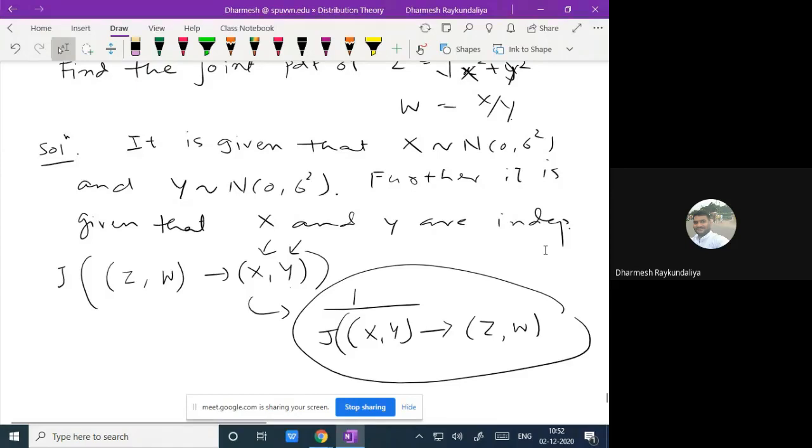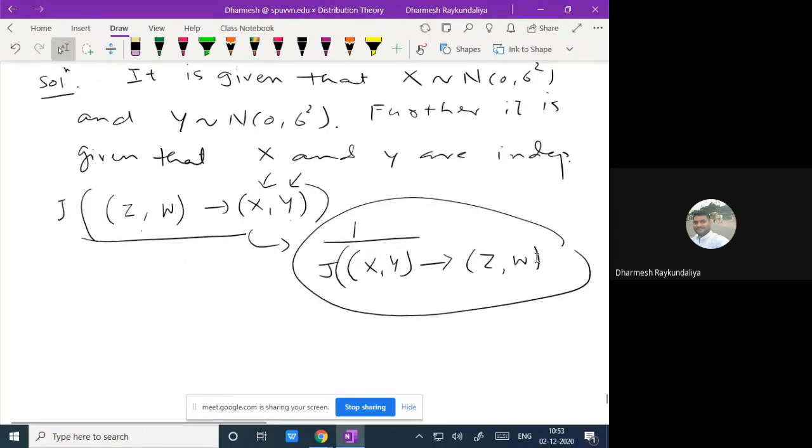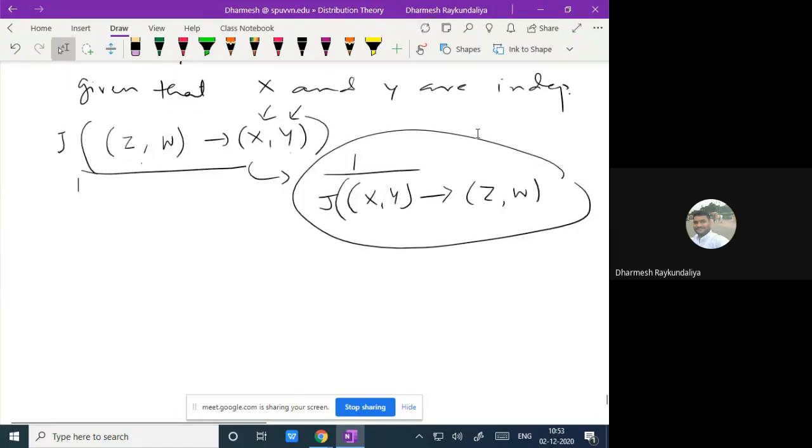to ZW. There are two ways. If you are using directly from this, otherwise you have to write the X and Y in the form of Z and W. So there are both the way you can proceed. So I will show you here in this way, and then we take the inverse of Jacobian while calculating the density of ZW.